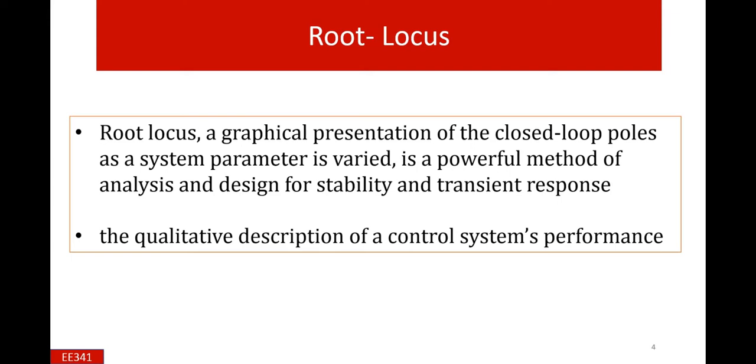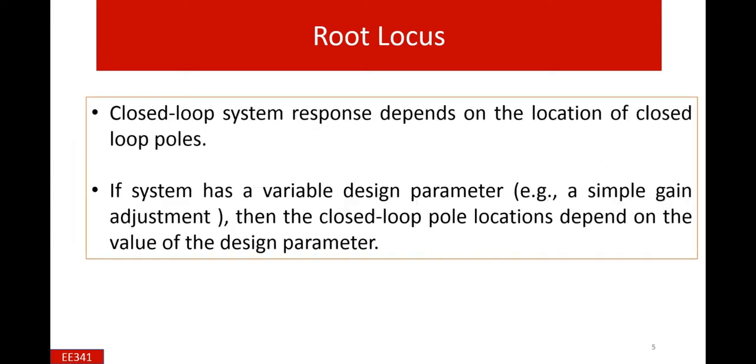When we find the root locus, we can visualize the aspects related to K and how these effects help us understand the transient response and the stability. Actually, it is a qualitative description of the control systems.